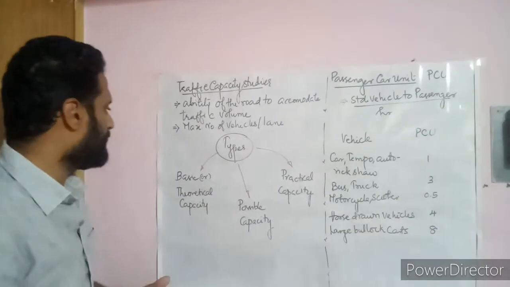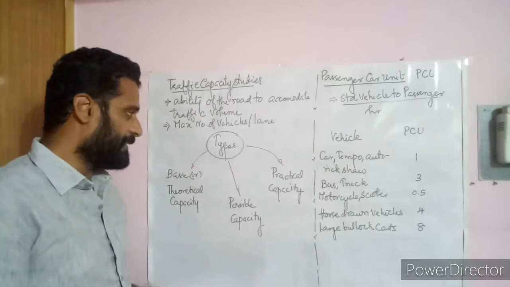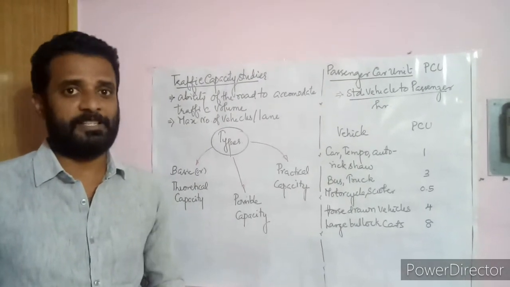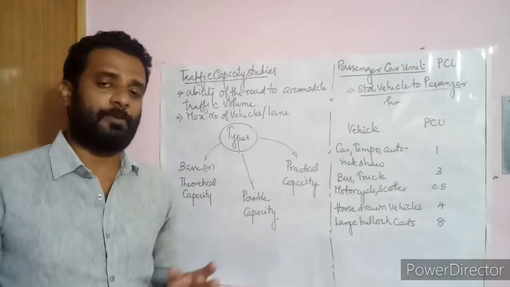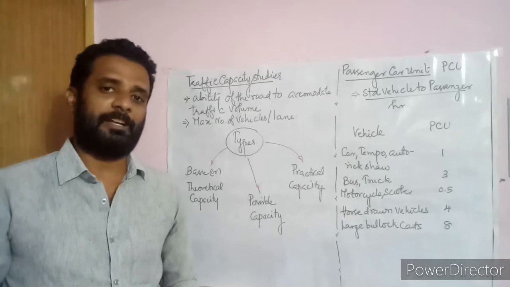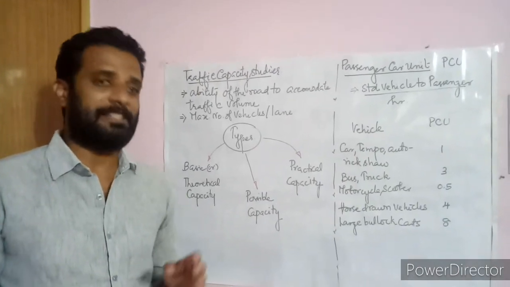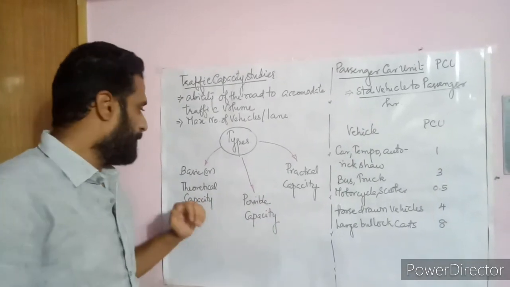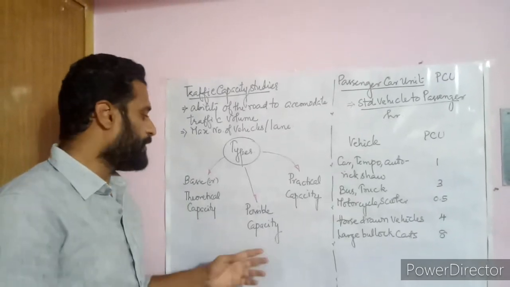Traffic capacity is classified as basic theoretical capacity, possible capacity and practical capacity. The basic theoretical capacity is calculated by an equation, which I'll tell you later. But the basic theoretical capacity need not be the same as the possible capacity and the practical capacity. The basic theoretical capacity is just an equation, that's all. What is the possible capacity?